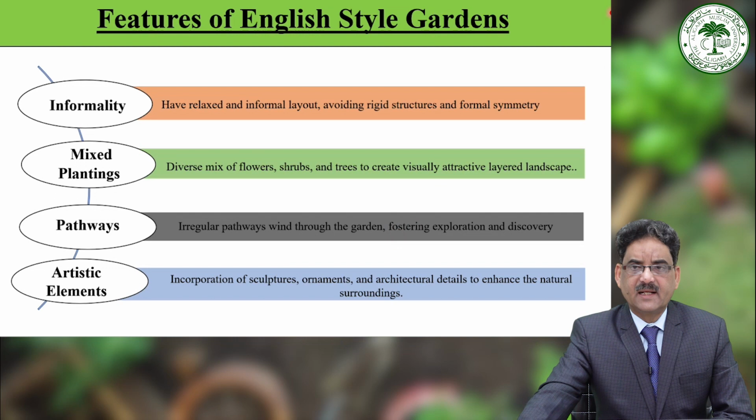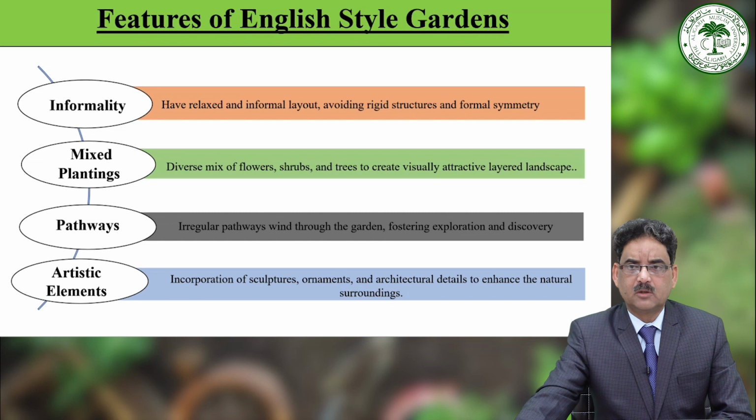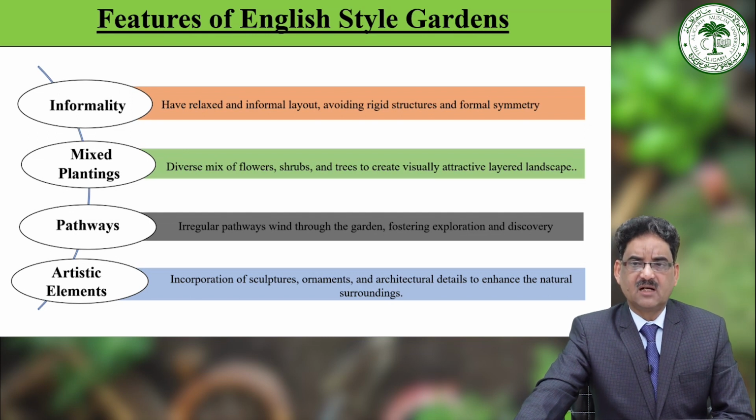To get a clear idea about the English style garden, let's talk about its key features with some famous examples. The layout of an English style garden typically features the following characteristics.